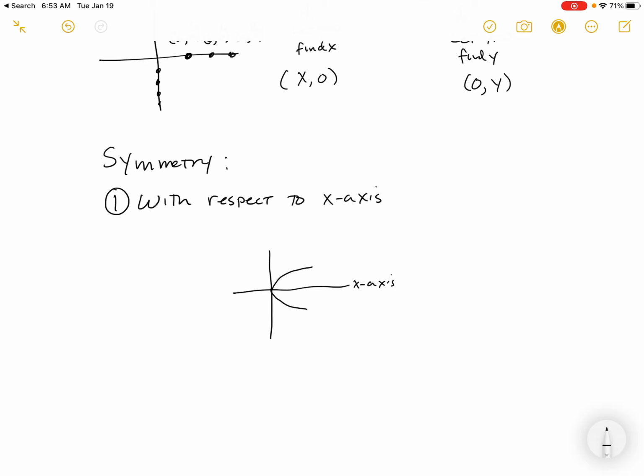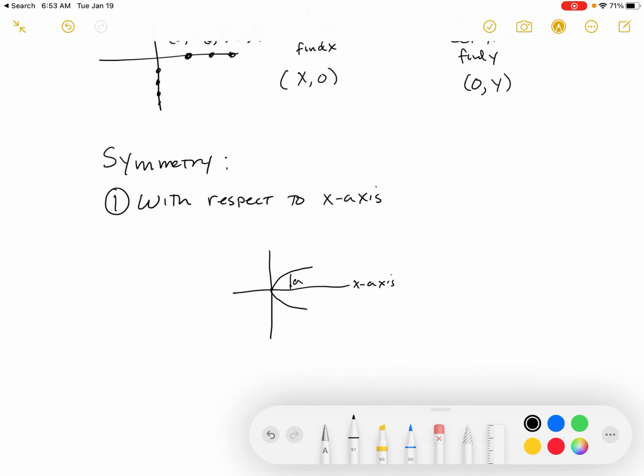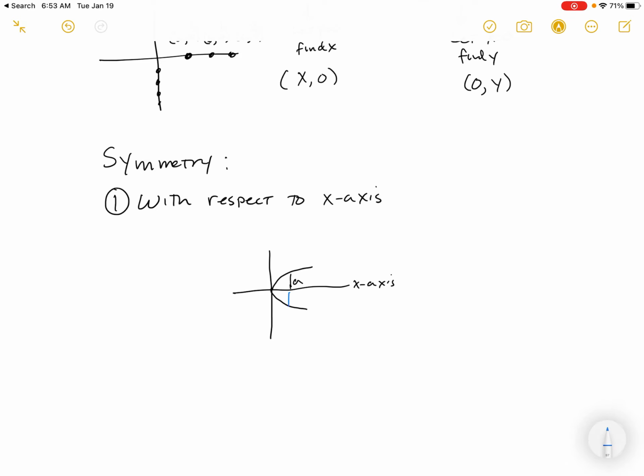Notice that if we're symmetric with respect to the x-axis, this distance right here, which I'll call a, is the same as this distance down here, which I'll call also a. Those a distances are exactly the same.